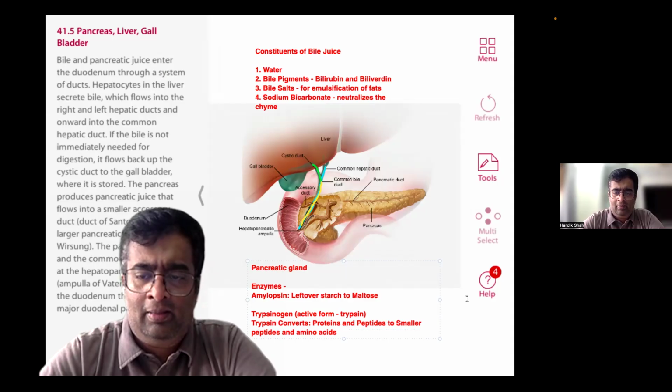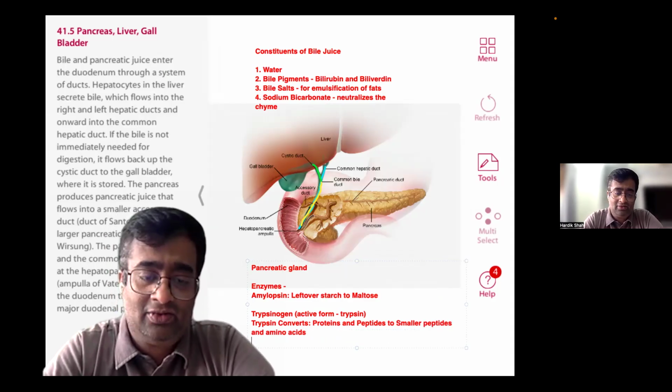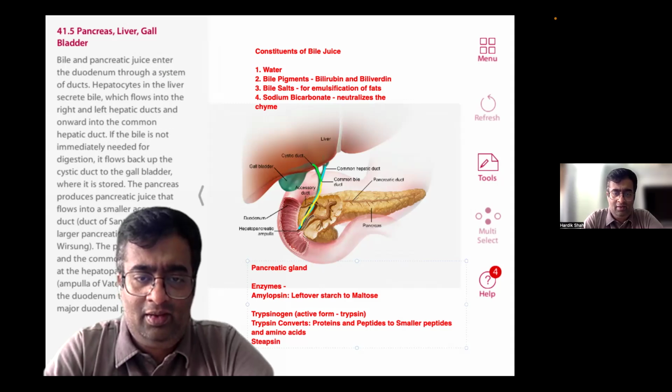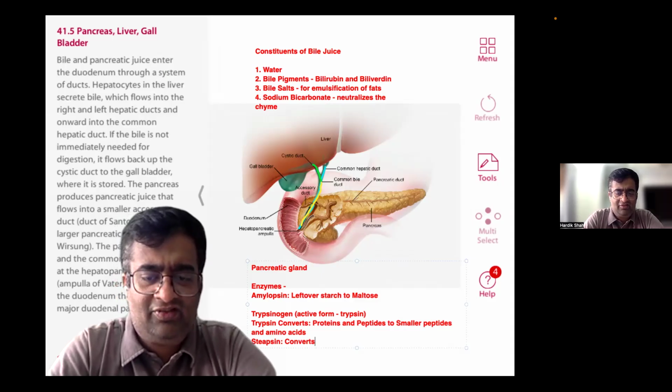Further, the pancreatic juice also contains pancreatic lipase. That lipase is also called steapsin. Now, steapsin converts emulsified fat.